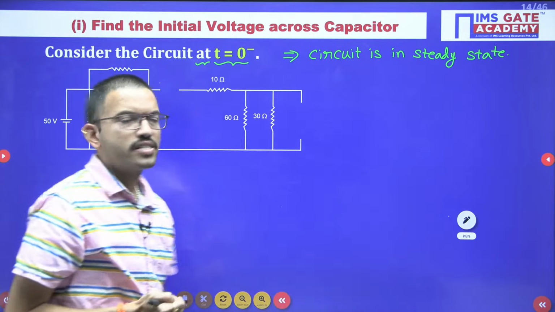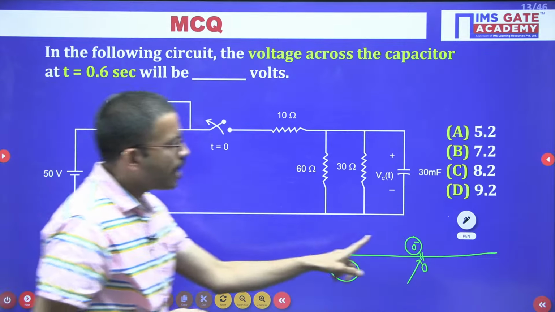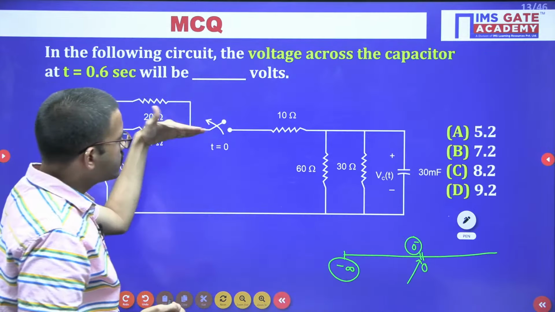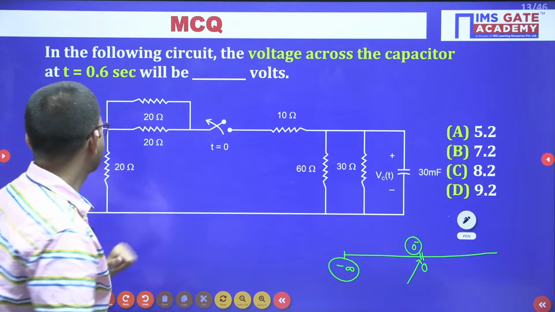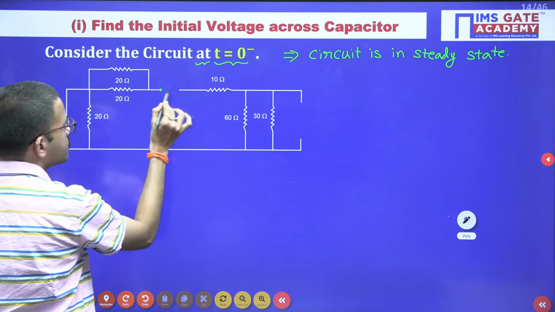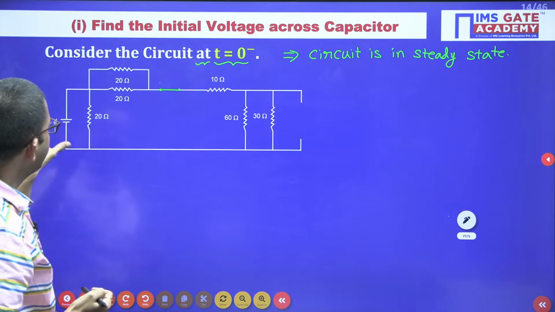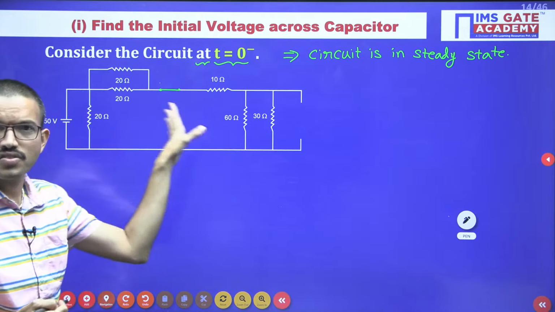Just by observing the circuit diagram, up to t equal to 0 minus the switch is in the closed position only. So regarding the switch, I am keeping the closed position. The voltage source and resistors I have kept as they are.